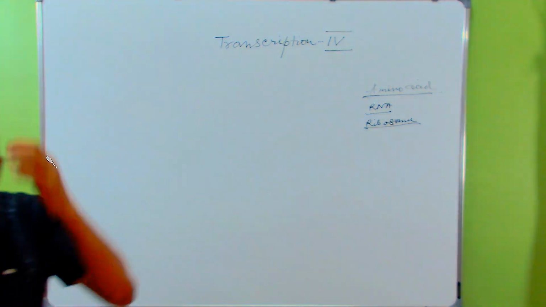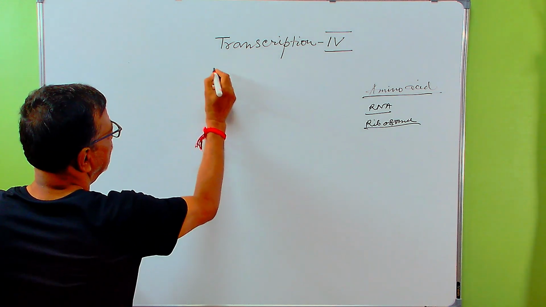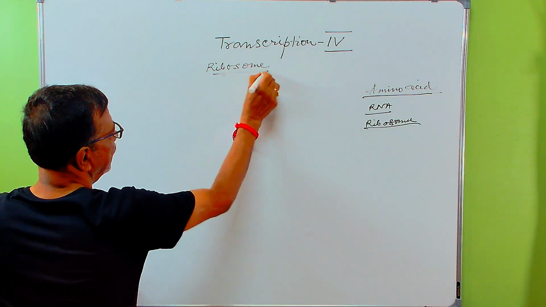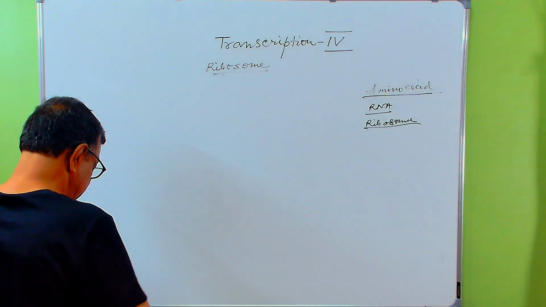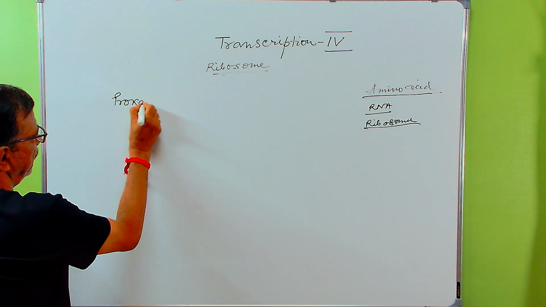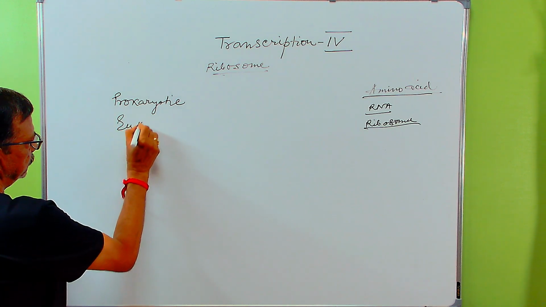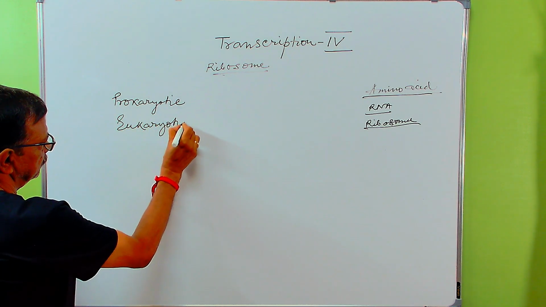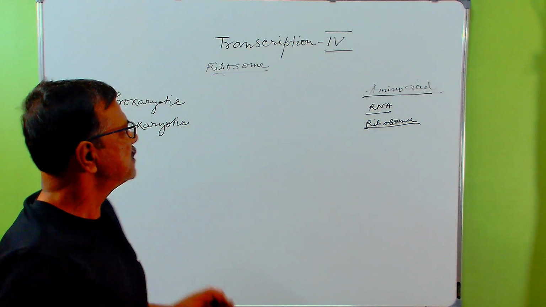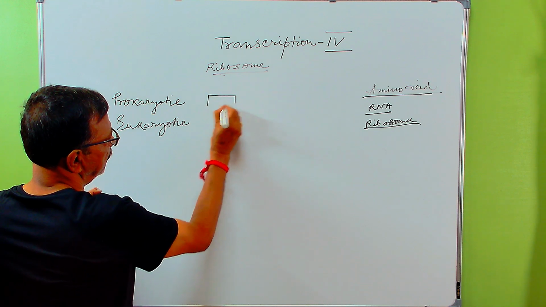Now ribosome consists of two parts. We are starting with ribosome a little bit. Ribosome consists of two parts. Two unequal parts consist a ribosome. This is the smaller one.